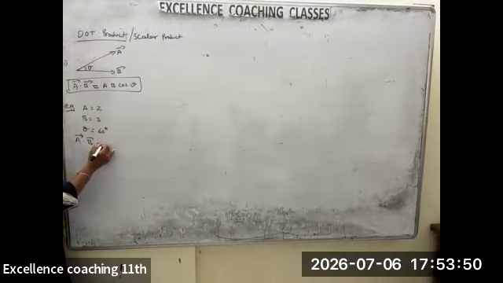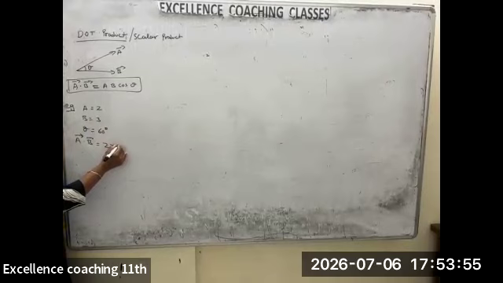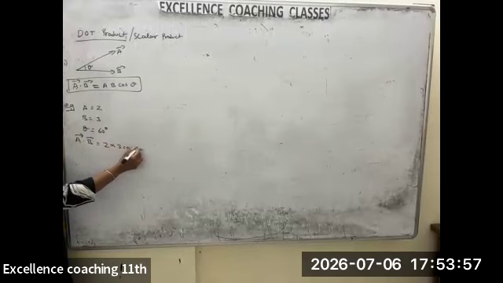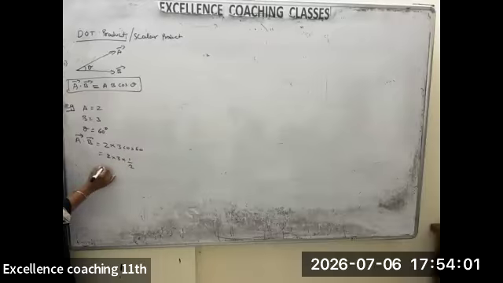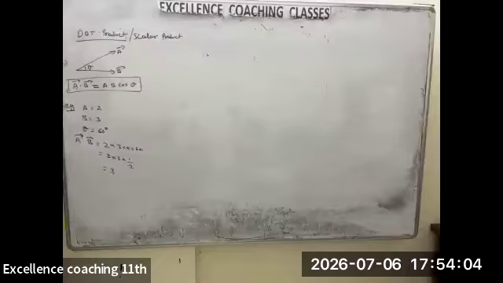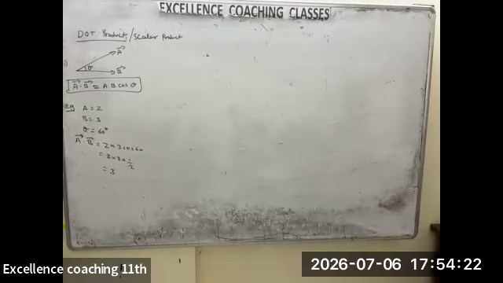It will be 2 into 3 into cos 60. So this will be cos 60 is half. So answer will be what? So either things will be given in terms of values. A will be given in terms of value, a number. B also will be given in the form of a number. Theta will be given. They will ask you to find A dot B. What is the formula? A B cos 60. Simple? Yes? Okay.